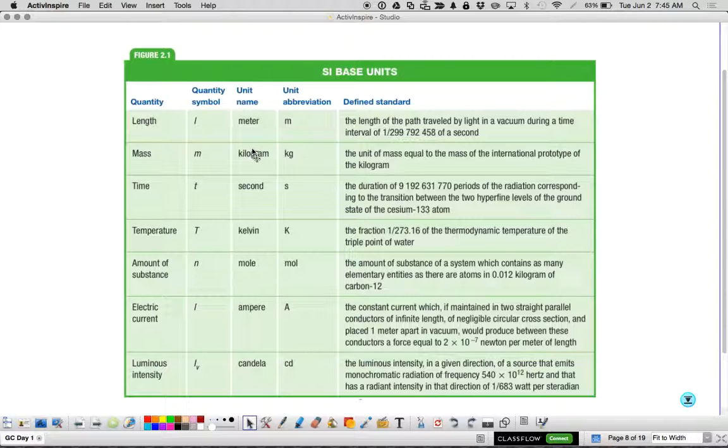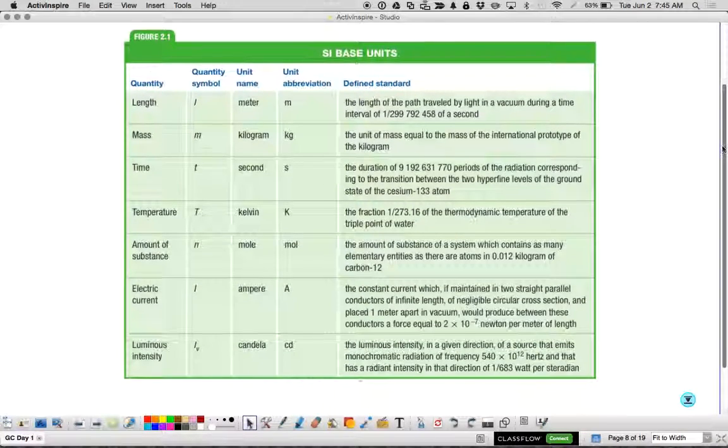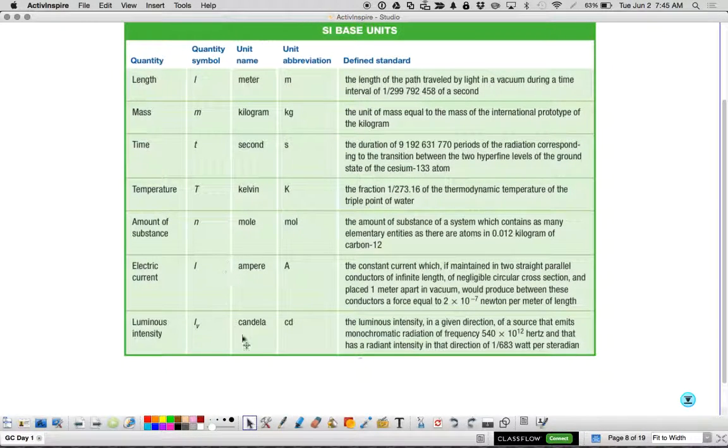While we will end up using grams more than kilograms, it's important to know that the standard, the base unit, is the kilogram. Time, seconds, temperature, Kelvin. We're going to talk more about the Kelvin scale much later in the year. And the mole we'll talk about, and then these last two, these are things that you'll cover in physics.